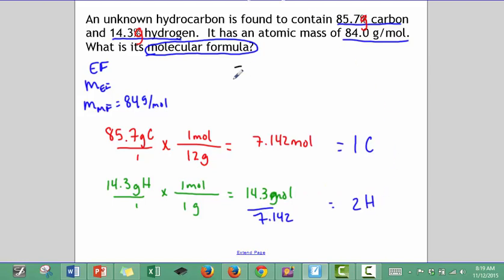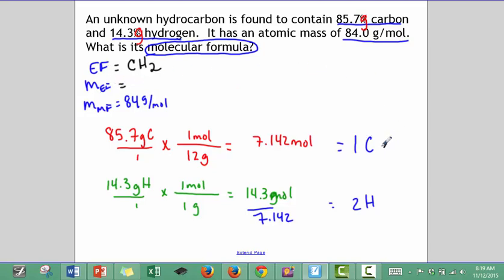So my empirical formula is CH2. I need the mass of CH2.